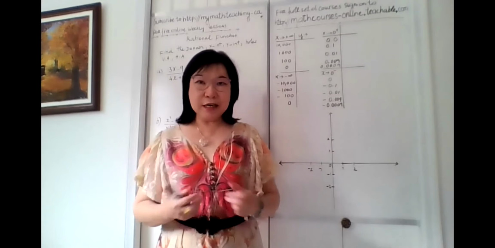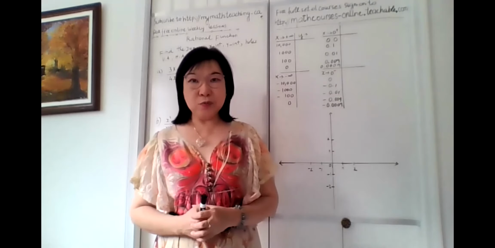It could be rational or irrational, depending on how many repeating numbers we have in the decimal, if we divide the top by the bottom.